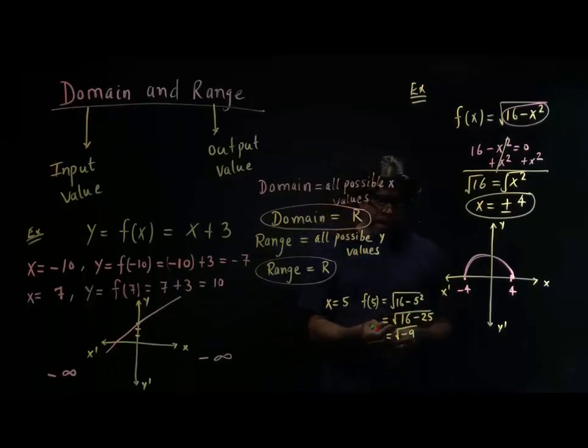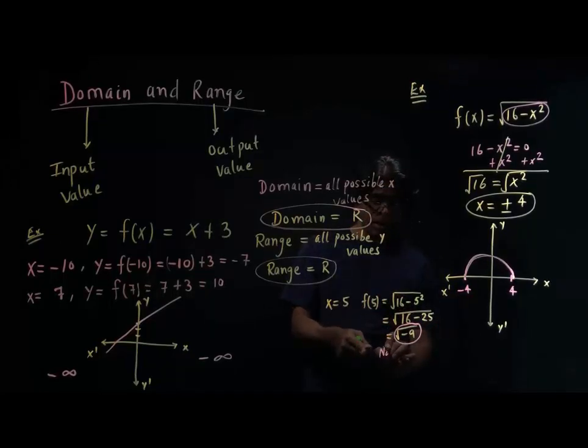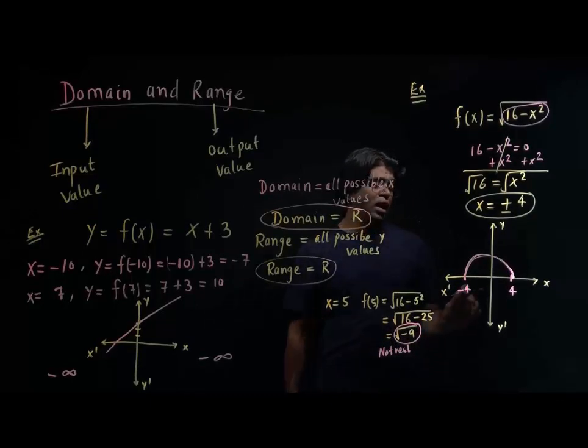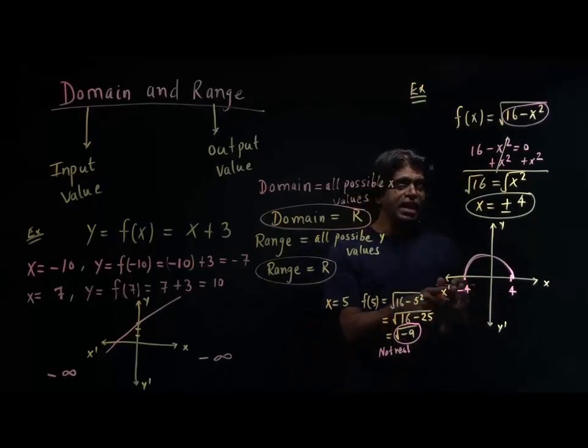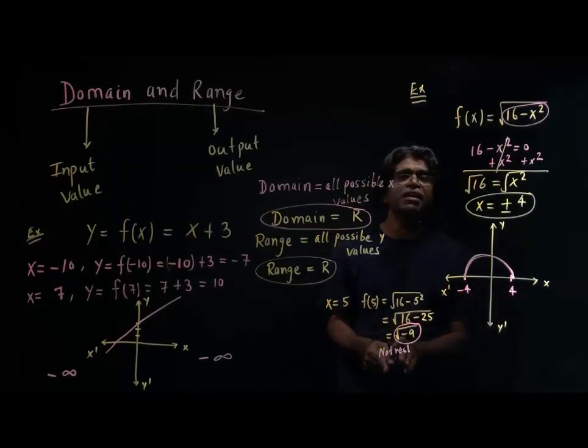Can you see? I cannot find the square root of negative 9 that gives me a real value for the function. So the value is not real. So if I consider any value that doesn't lie between these two values, then I'm not going to get a real value for the function.